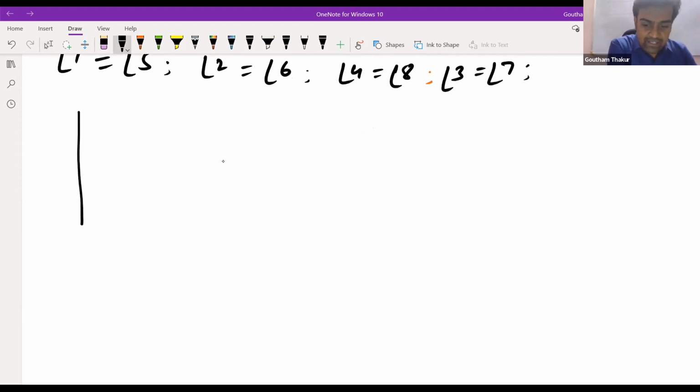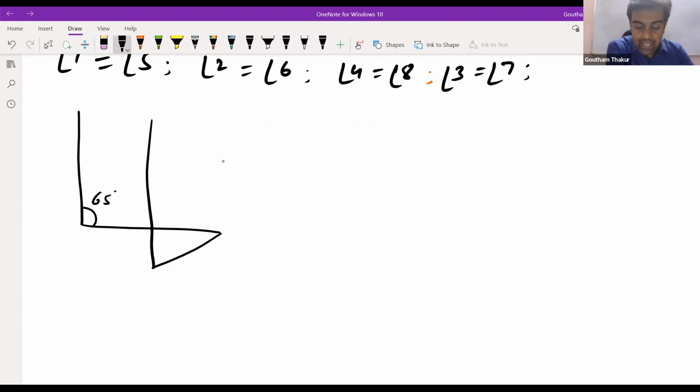There are 2 parallel lines. Please do consider these as parallel lines, and a triangle formed by these 2 parallel lines. The angle mentioned over here is 65 degrees, and the angle mentioned over here is 20 degrees.